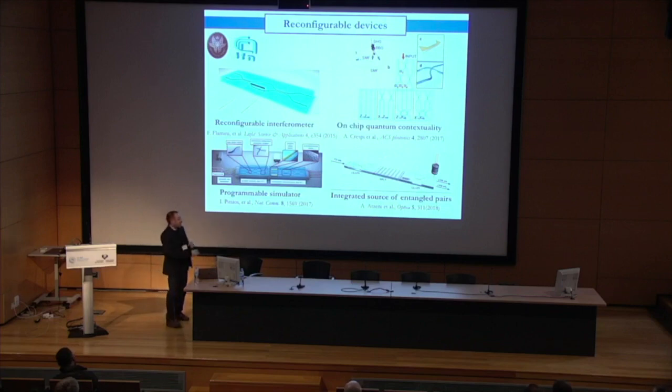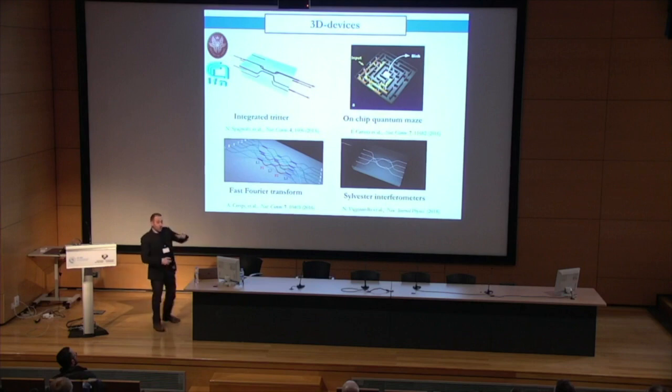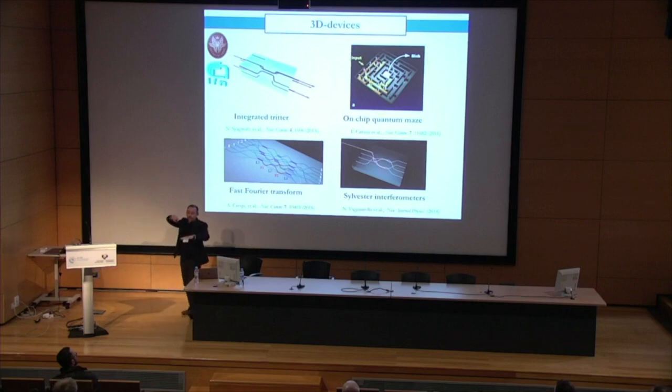In that case, you can generate a pair of photons at the telecom wavelength inside this nonlinear crystal, in which you have written waveguides by laser writing. This is only to provide you a kind of building blocks that we can put together. And then finally, when you do this laser writing technique, you can also move your chip up and down.